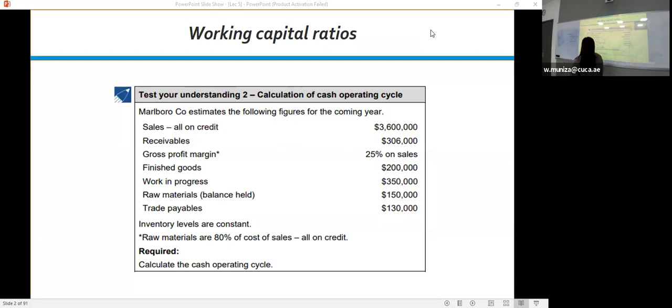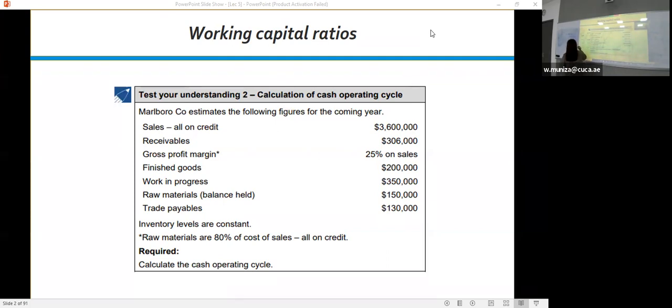Under cost of sales, we know that we have raw materials, and they say that raw materials are 80% of cost of sales, which are all on credit. So 80% of this cost of sales is raw materials. How much is this? 2,700,000 multiplied by 0.8.